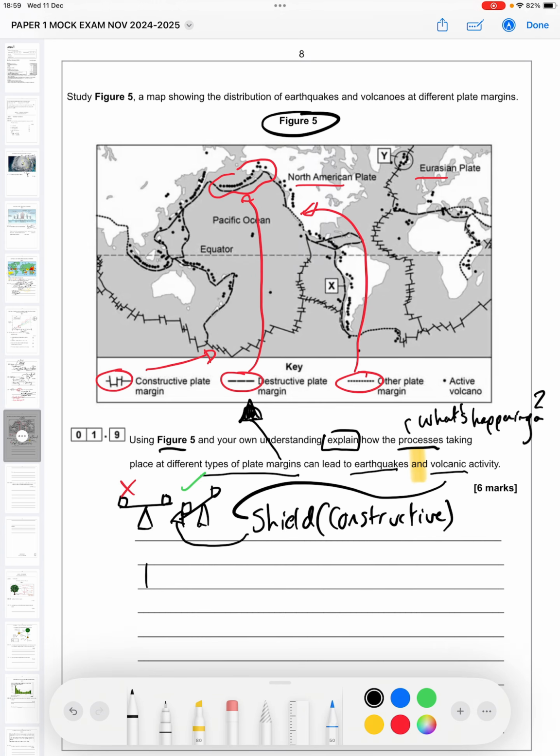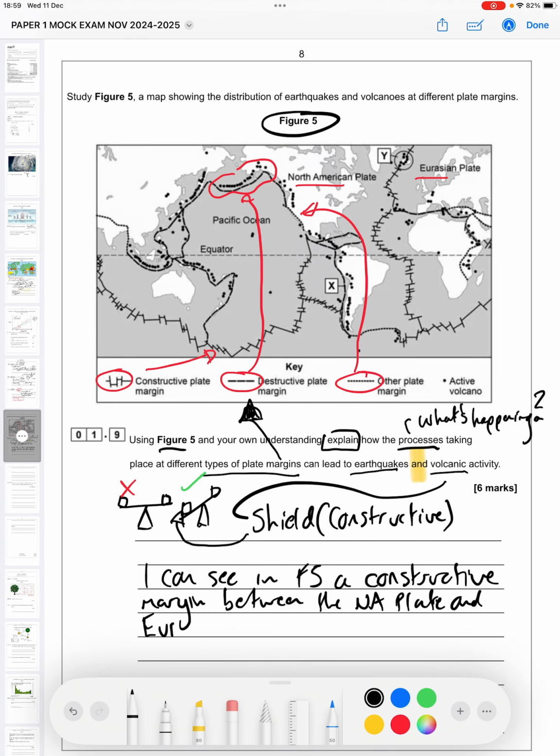Okay, you literally just will put, I can see in F5, which is absolutely fine, figure 5, a constructive margin between the North American plate and Eurasian. Boom. You have used figure 5. Then you launch into your explanation. You've used figure 5, well done.